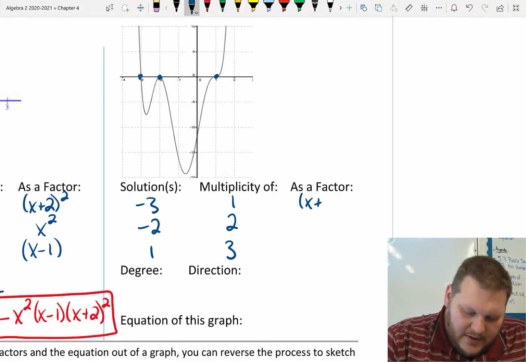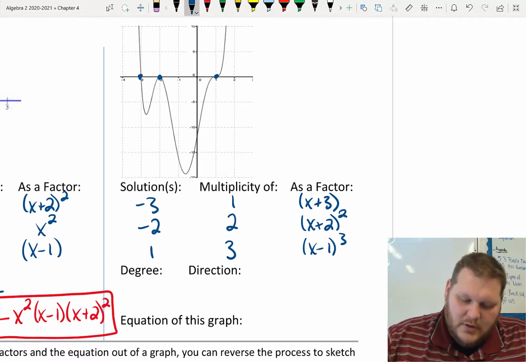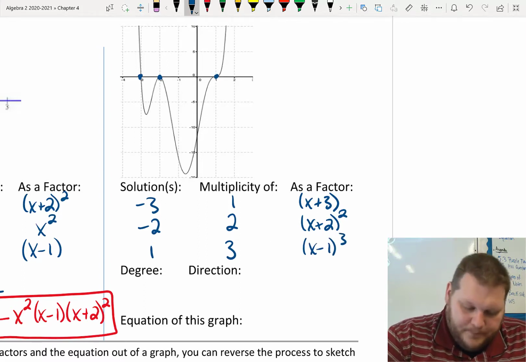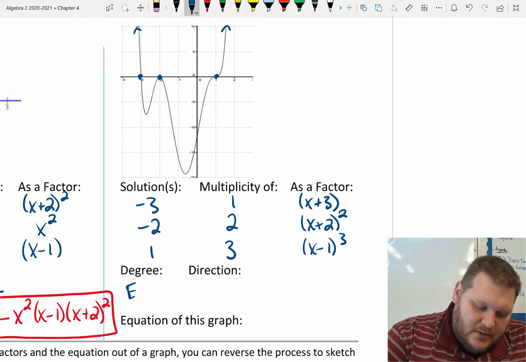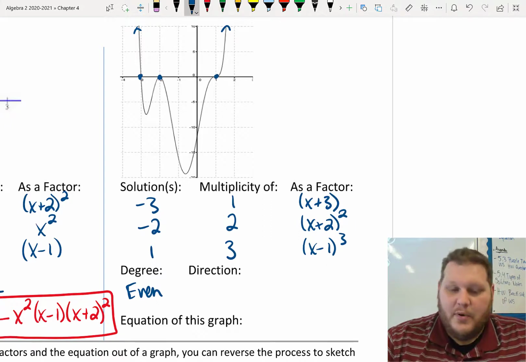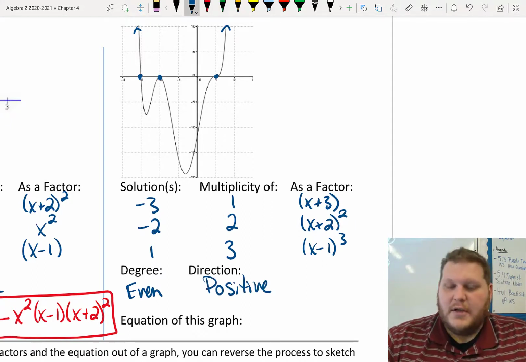So x plus 3 is that factor to the first power. x plus 2 squared because the multiplicity of 2. And then x minus 1 cubed because it's got a multiplicity of 3. Now this is one, we finally have one that's even because they both point up, which means positive for the direction.